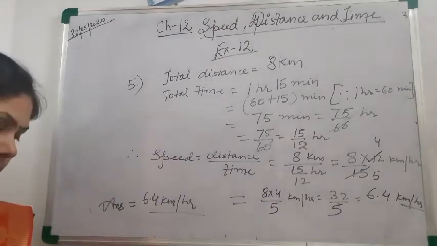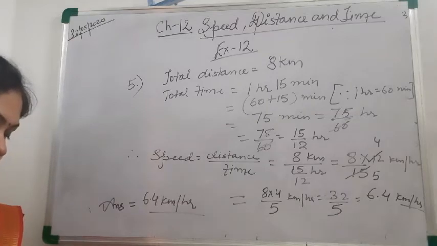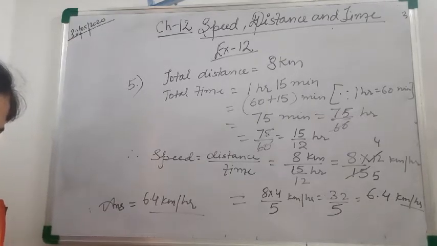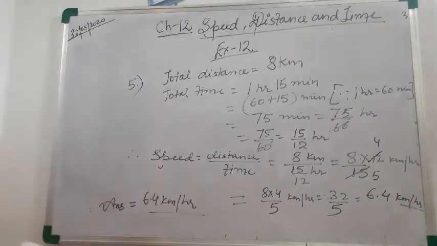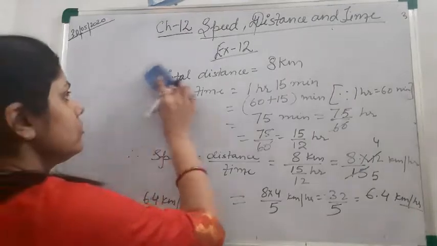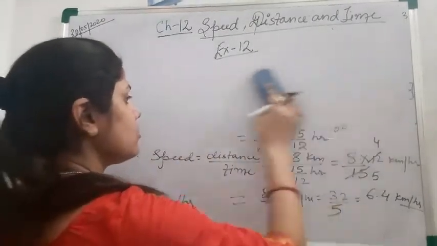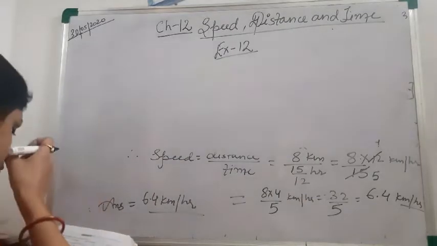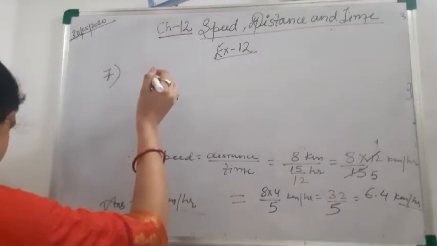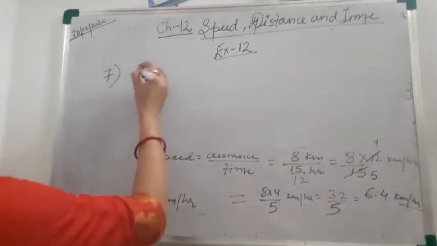Question number 7th is, Ravi walks at a uniform speed of 4 km per hour. How much time he takes to cover 600 meters? If you are still doing, please go from here. I am doing 7th one, then I will explain you. Ravi walks at a uniform speed of 4 km per hour.